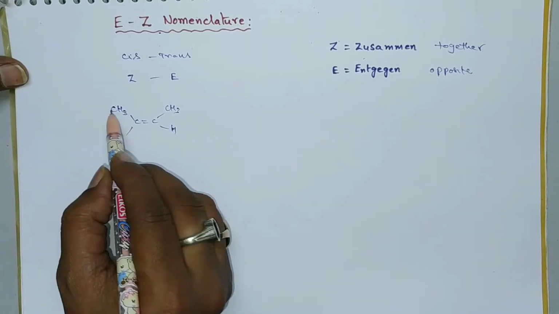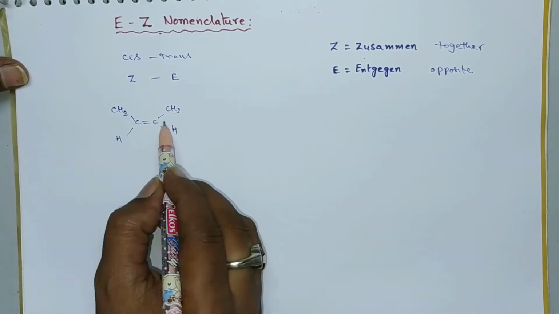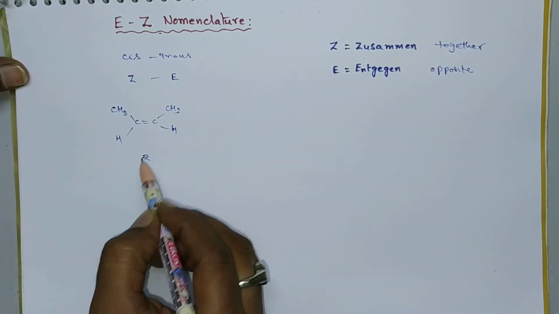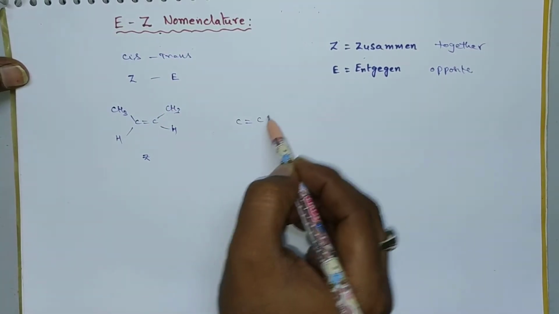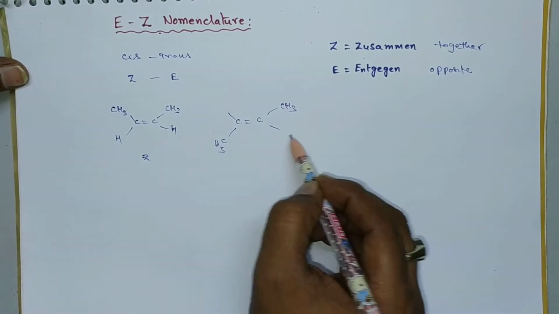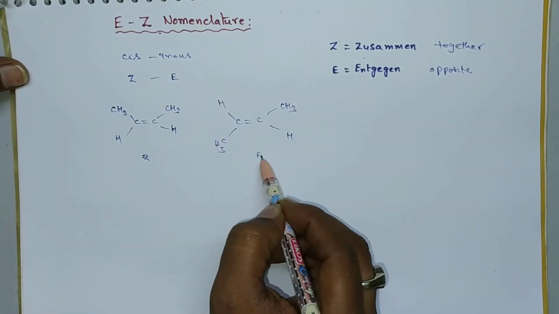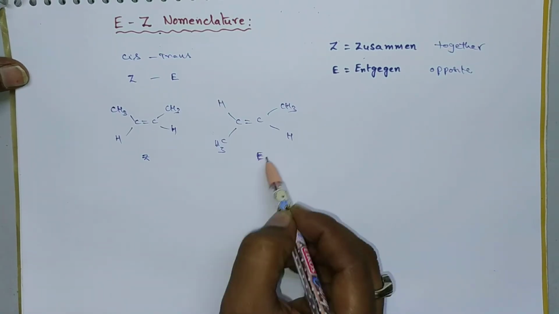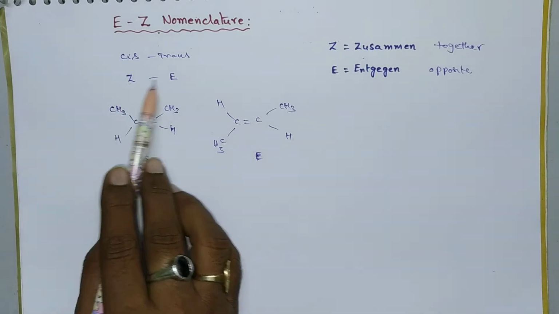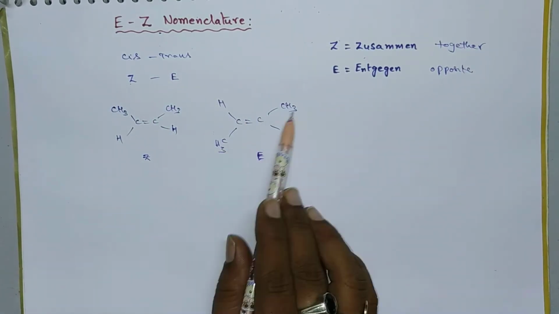Here the two similar groups are present on the same side of the double bond, hence it is cis, and it is represented by Z configuration. If the two similar groups are present on opposite sides of the double bond, then it is called trans, and here it is indicated with E.